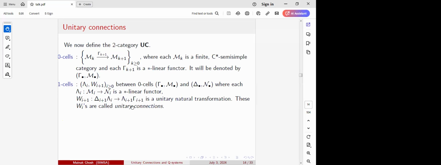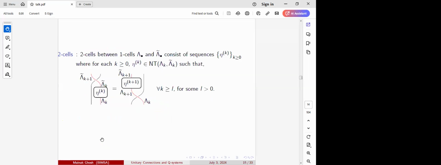From now onwards, I will use the graphical calculus for the 2-category of categories, meaning I represent functors by strands and natural transformations between functors by boxes with strands passing through it. Pictorially, we'll denote the functors lambda i by colored strands and other functors by black strands. And pictorially, we denote the unitary connection w k by this diagram. And we'll denote the one cells by lambda dot.